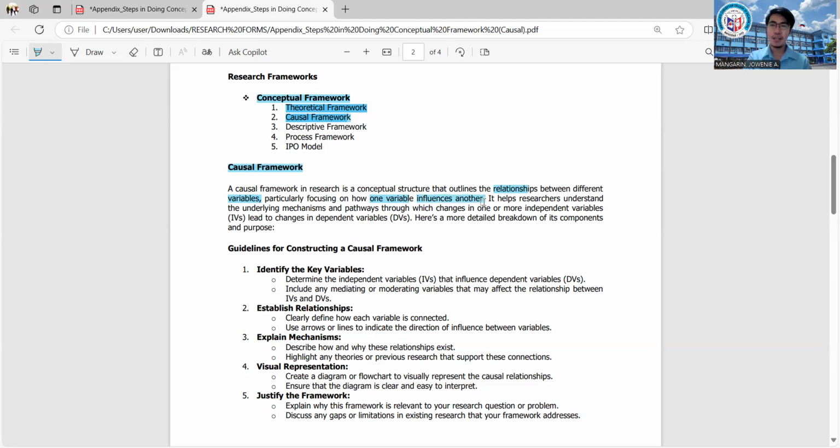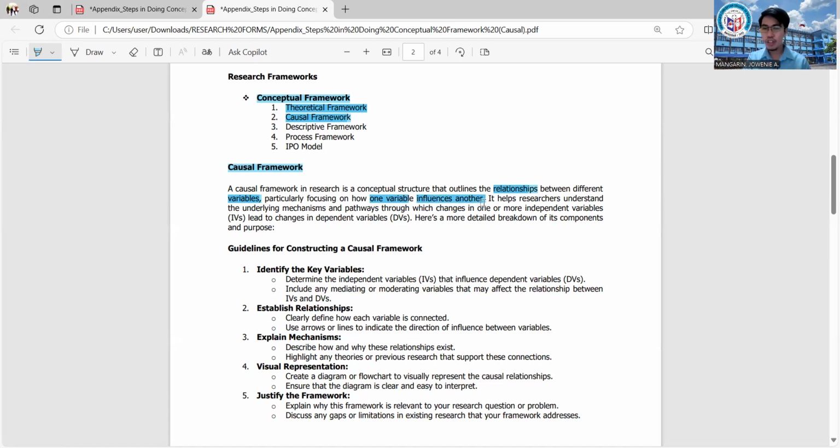So ulitin ko lang ha, usually ito yung type of framework na ginagamit kung ang ating methodology or research design as well as ang objective natin is maipakita yung relationships na nag-e-exist between the variables that we have. In particular, how, for instance, our independent variable causes influence to our dependent variable.